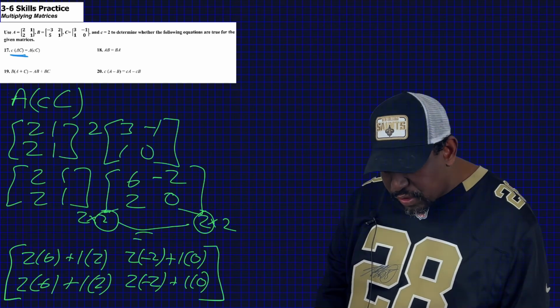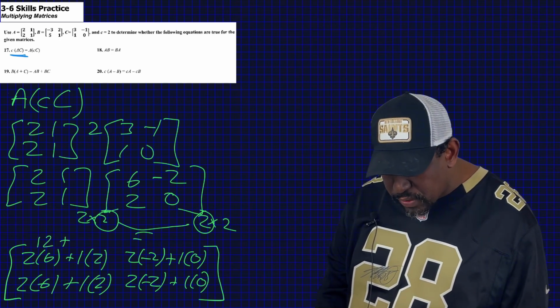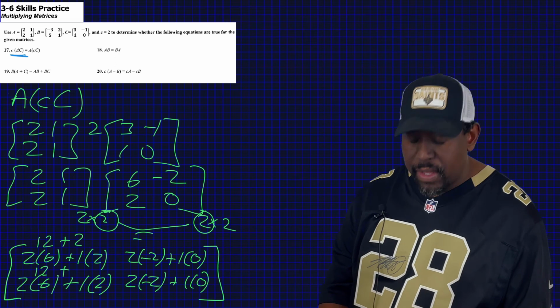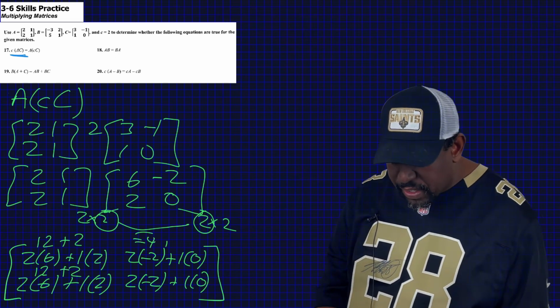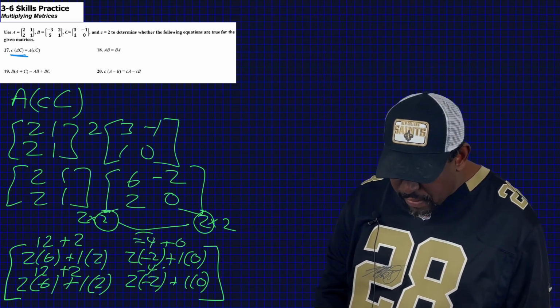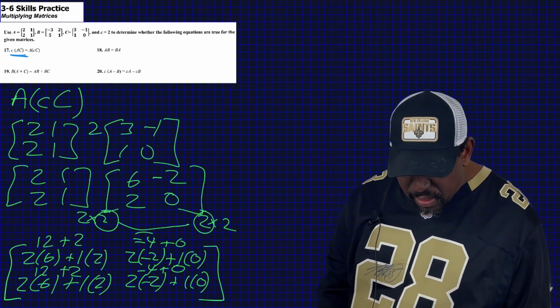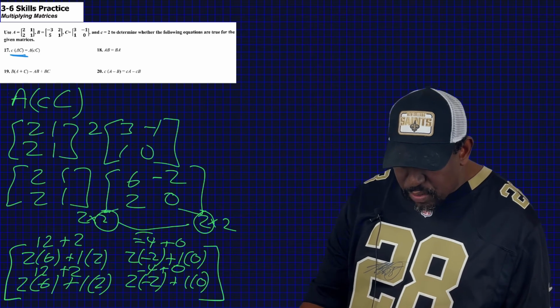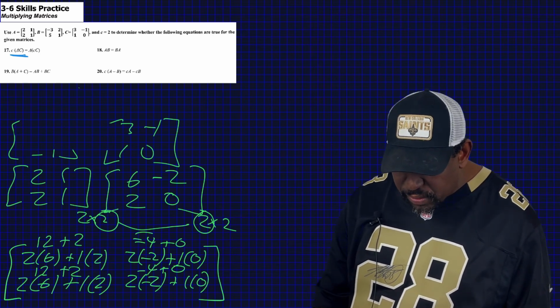Now we simplify those products. The first row, first column will be 12 plus 2. First row, second column, -4 plus 0. Second row, first column, 12 plus 2. Second row, second column, -4 plus 0.